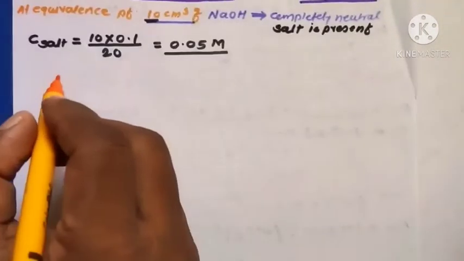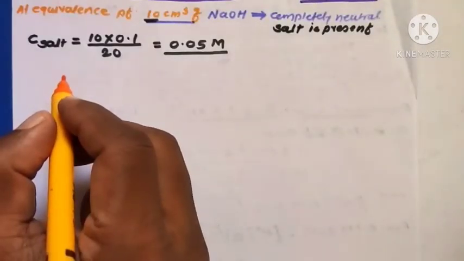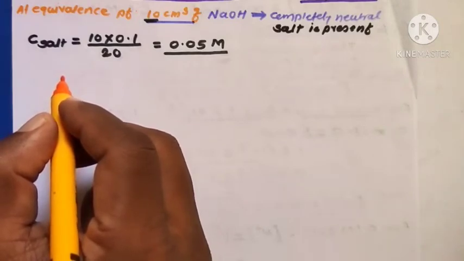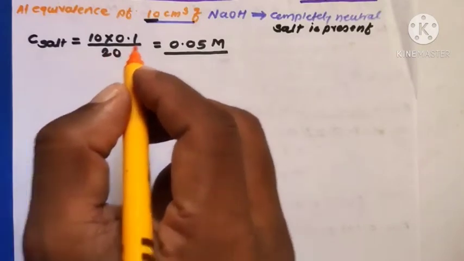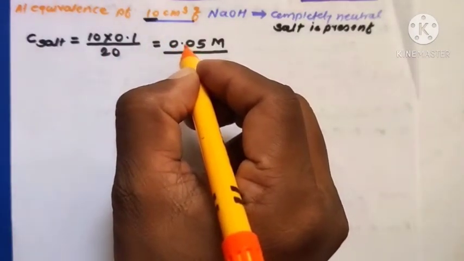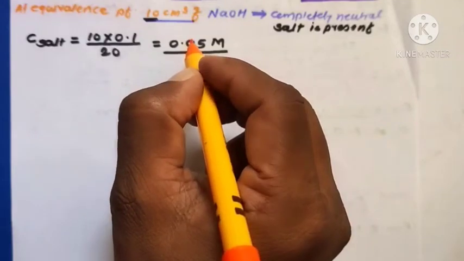Therefore the pH at the equivalence point will correspond to that of the sodium acetate. In this case, the concentration of sodium acetate is 0.05 molar. For this purpose, consider the hydrolysis of sodium acetate.